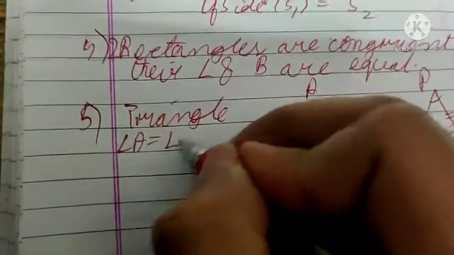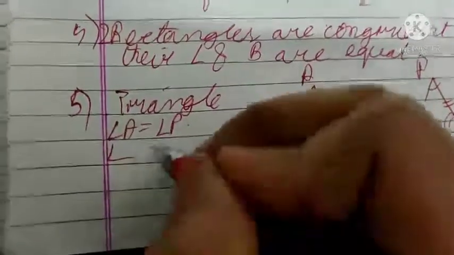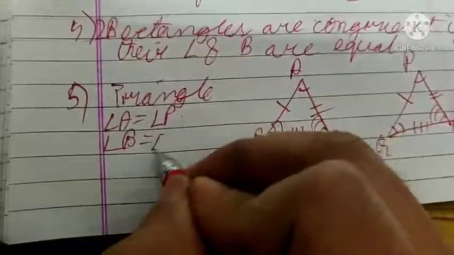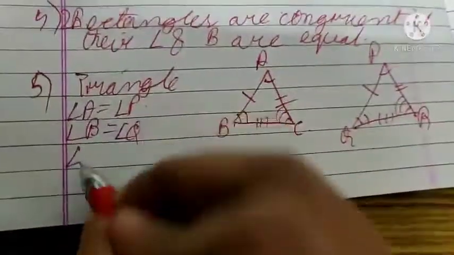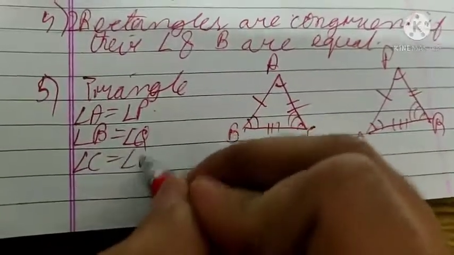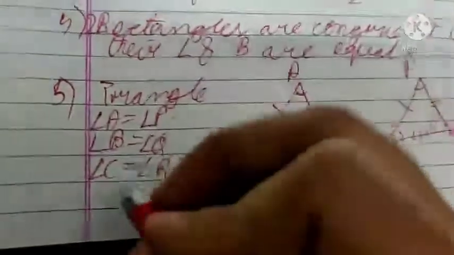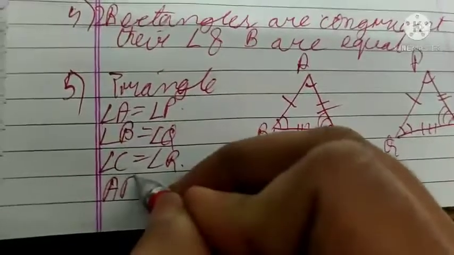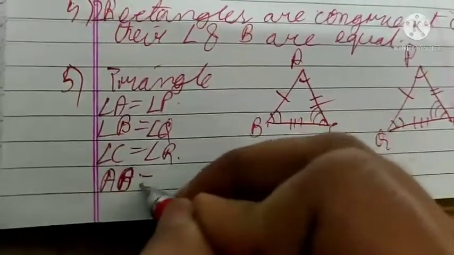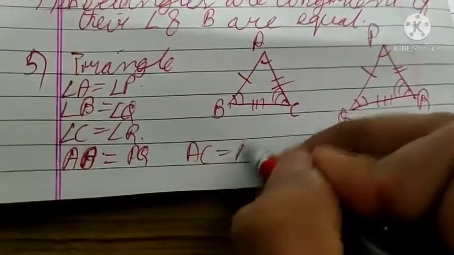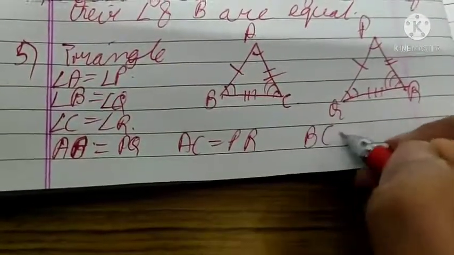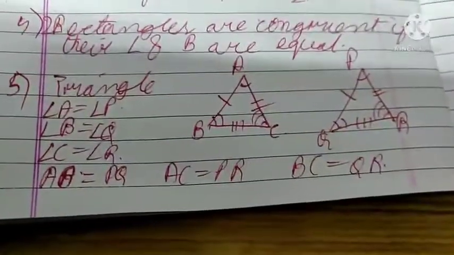Means angle A equals angle P, angle B equals angle Q, angle C equals angle R. All angles are equal and all sides are also equal, means AB equals PQ, AC equals PR, BC equals QR. All sides are equal, hence this triangle is also congruent.